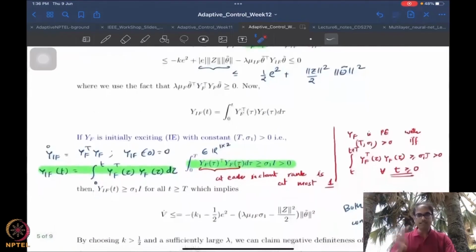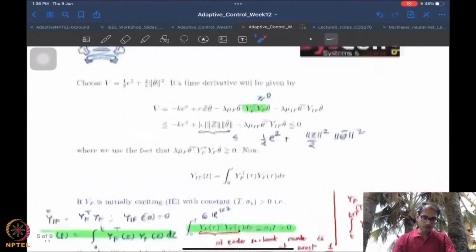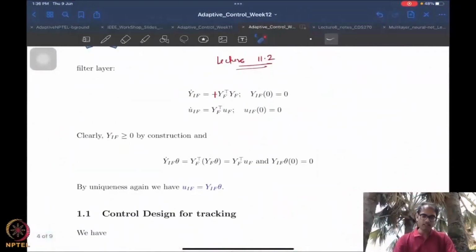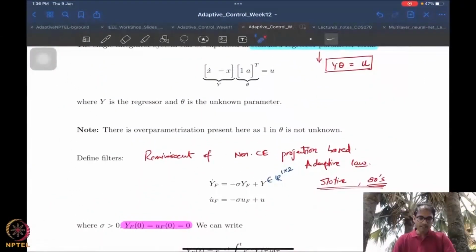All right. So excellent. As always, when you get something, you also give something, right? Of course, you already gave something in the form of adding more dynamics. You increase the order of the system. The size of YIF is more like the size of the regressor, so the size of Y is basically the size of theta.